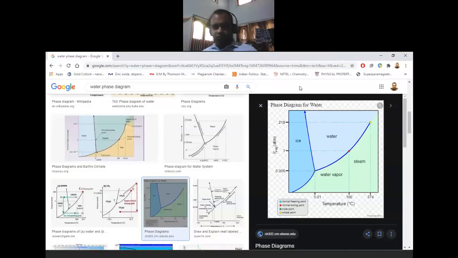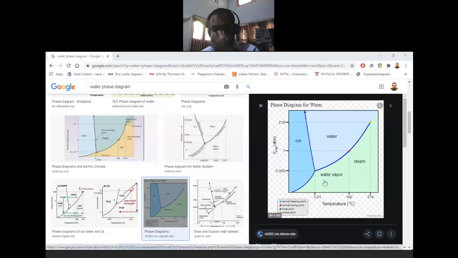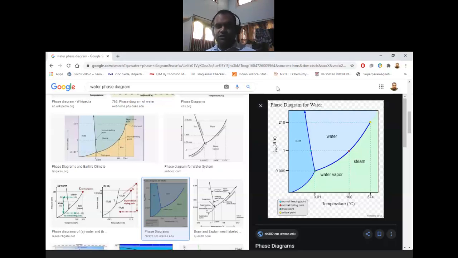Okay. I hope you can see this figure. Phase diagram of water. So today we will learn more about first and second order phase transitions with their thermodynamics.